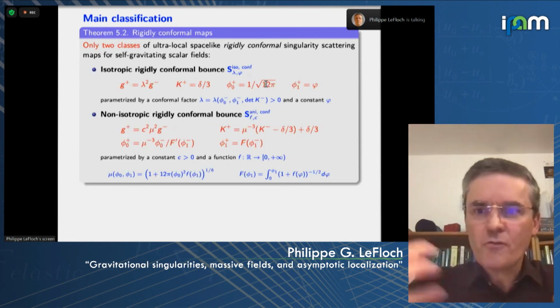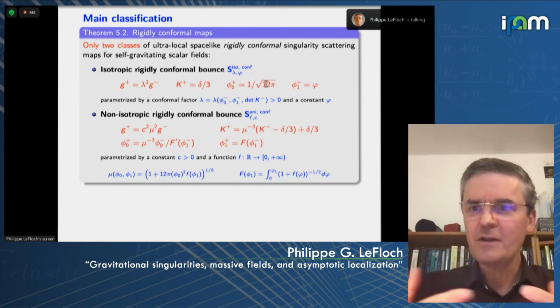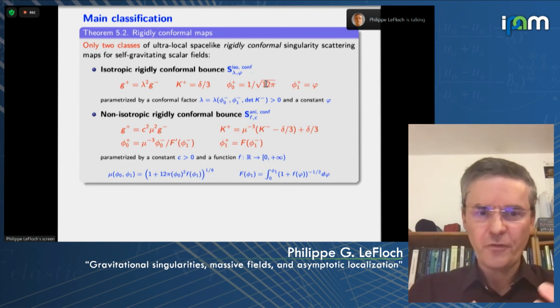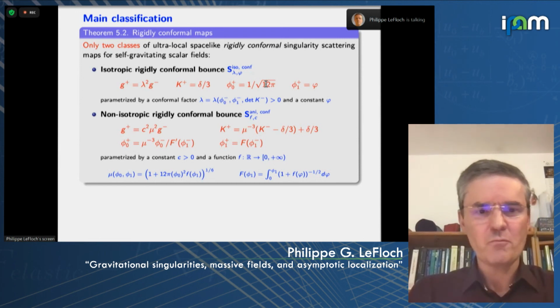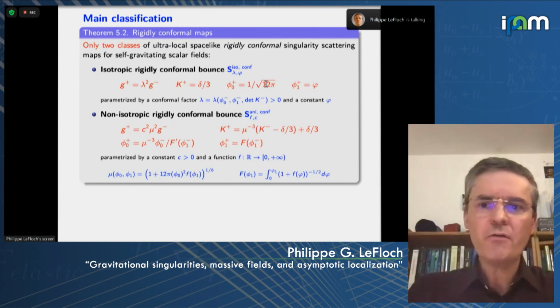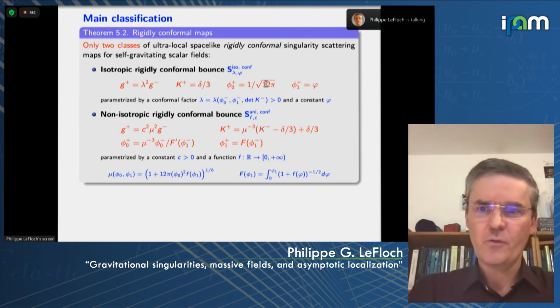Okay, so we have the rules, and the rules are explicit in the sense that they only involve a constant C plus, which is mostly irrelevant, and a function. So there is only one function of a real variable to describe all possibilities of bouncing. You can put all the physics you want to supplement, to augment the Einstein equations.